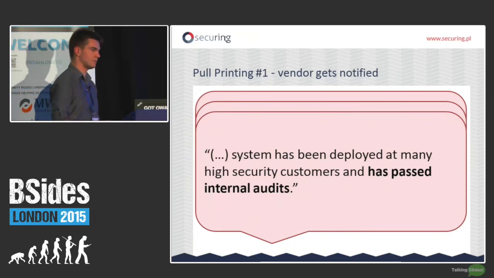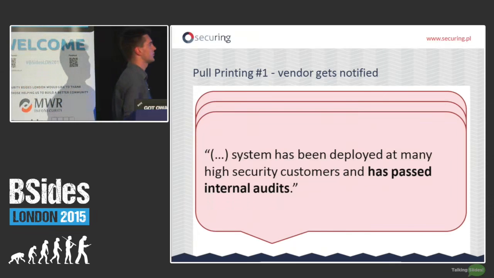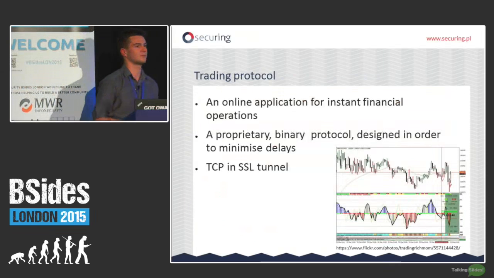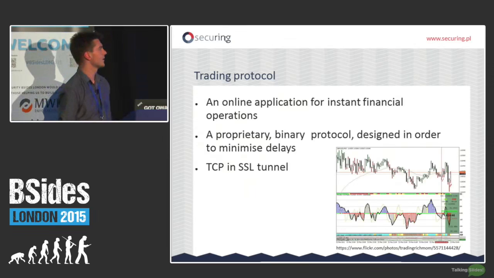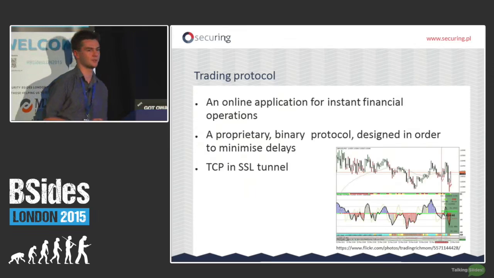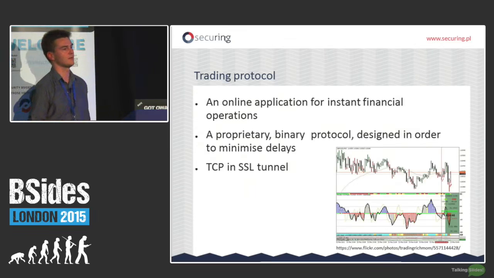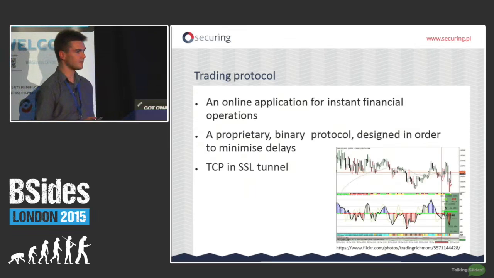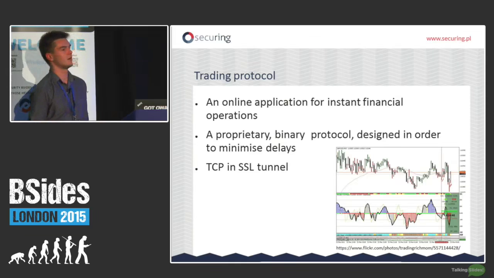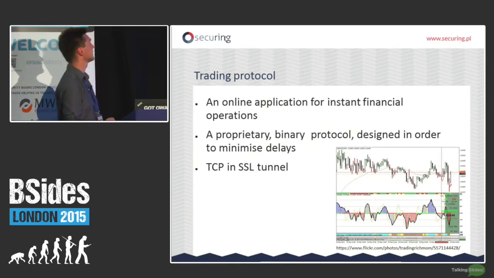Okay, now I want to present the most interesting example from proprietary network protocols. We had the possibility to test a trading protocol for the Forex industry. Actually, it is the software that clients log into and put in some real money, take a big risk, and win or lose, rather lose.